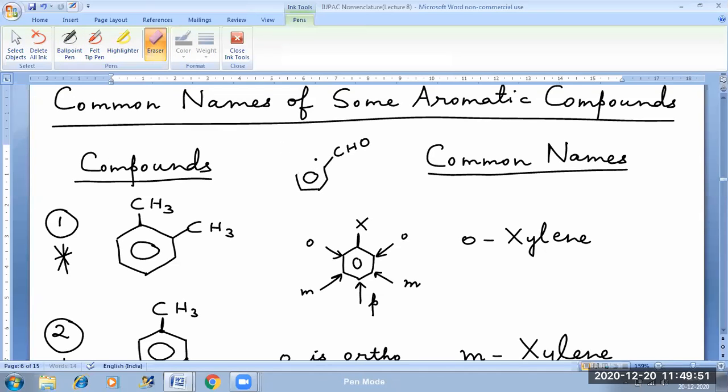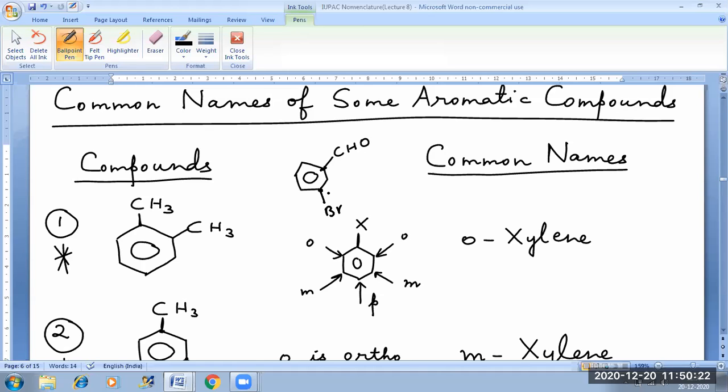But if I now show you the attachment at some other position, let's say I have an attachment here. Now I will say that this carbon atom is containing CHO and this carbon atom is containing bromine. These are at meta positions. Meta means what? Meta means that not on the adjacent carbon atom, but one carbon atom after the adjacent carbon atom.